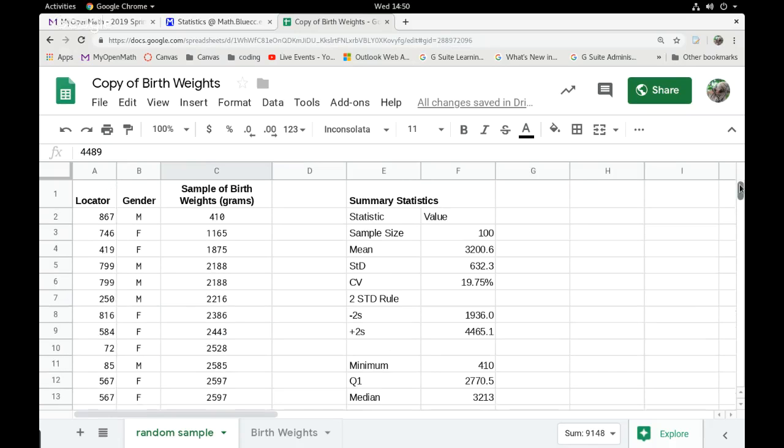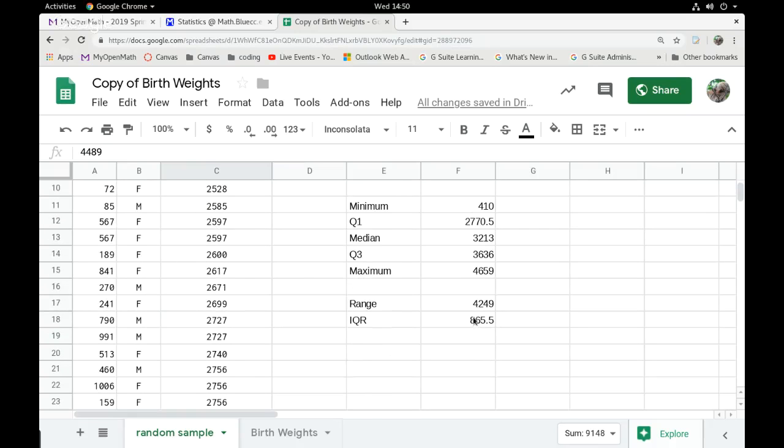The other measure for unusual values or outliers was using the IQR. So there we have what we call the low fence and the upper fence. The low fence, remember, was Q1 minus 1.5 times the IQR.